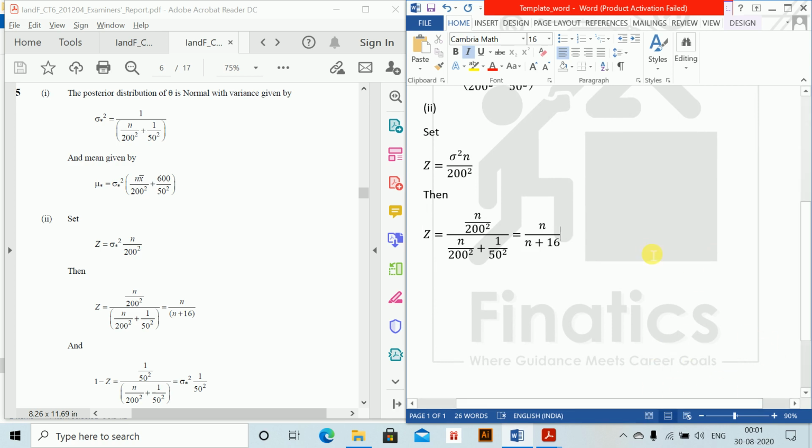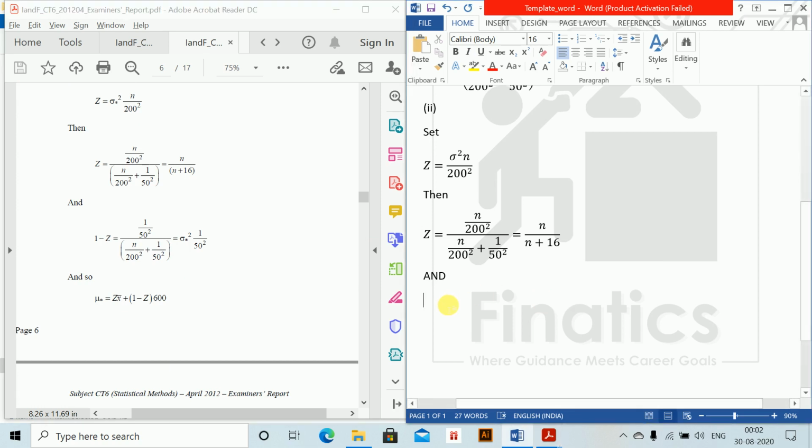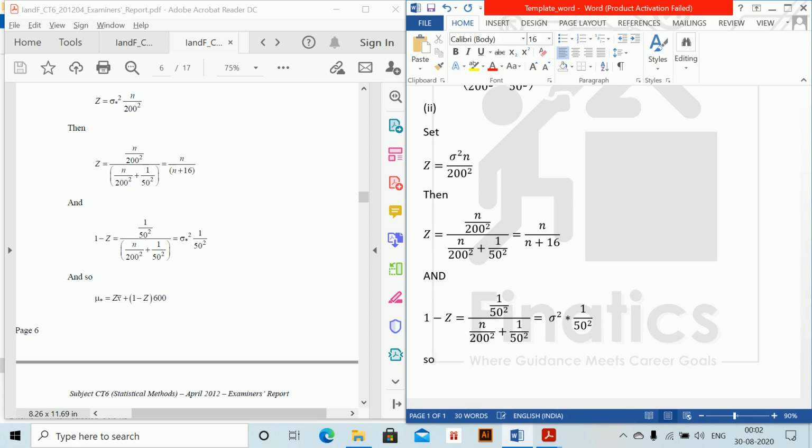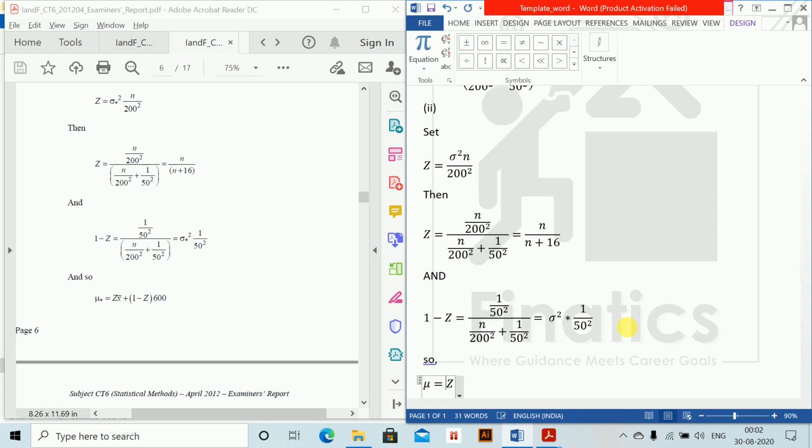Okay, and one minus z is equal to 1 by 50 squared divided by this, which is equal to sigma squared into 1 by 50 squared. So mu is equal to z x bar plus (1 minus z) into 600.